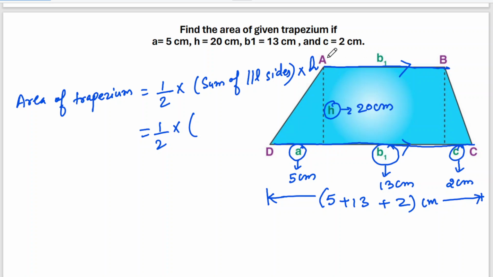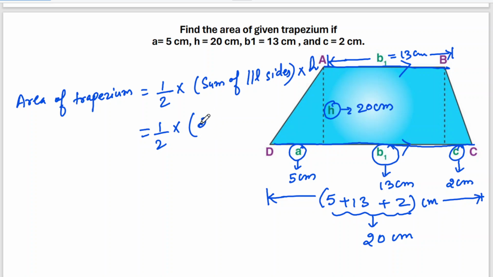And what is the length of this side? It is B1. So we can say B1 is equal to 13 centimeter. So from here to here it is 13 centimeter. So if you add this, you will get 20. Okay, 18 plus 2, 20. So 20 centimeter is this. So what is the sum of the parallel sides?